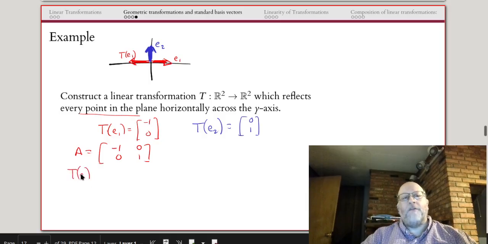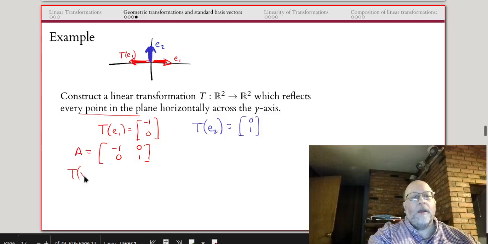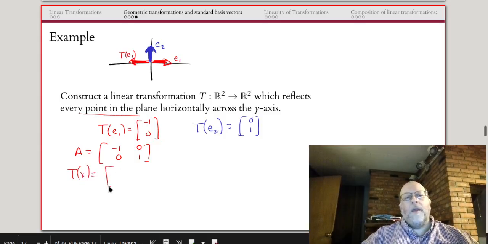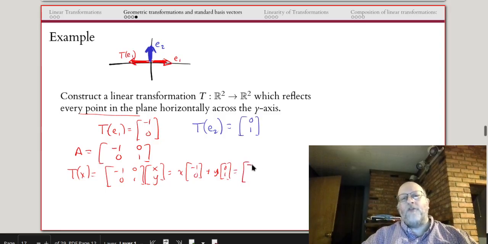And therefore the transformation is going to be negative 1, 0, 0, 1 times the vector xy. That's x times negative 1, 0 plus y times the vector 0, 1. And that is the transformed version, negative x, y.